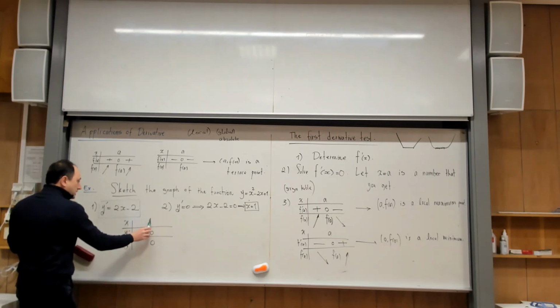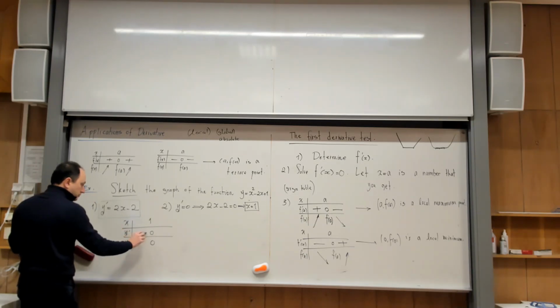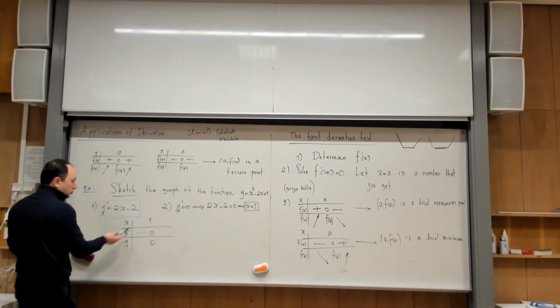If I choose a number smaller than 1 and put it here, what do I get, a positive number or a negative number? Negative. For example, if you're not sure, just choose a random number smaller than 1, for example 0.5. It becomes 1 minus 2, negative.